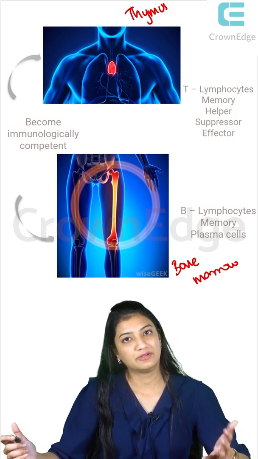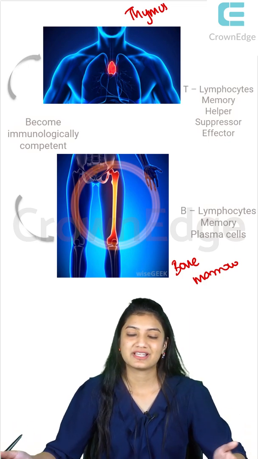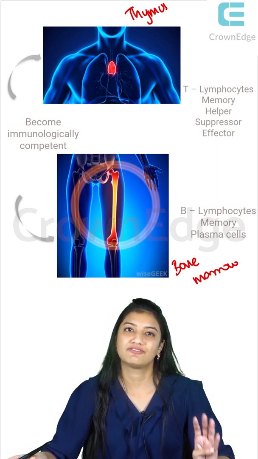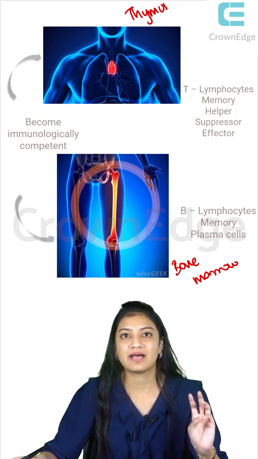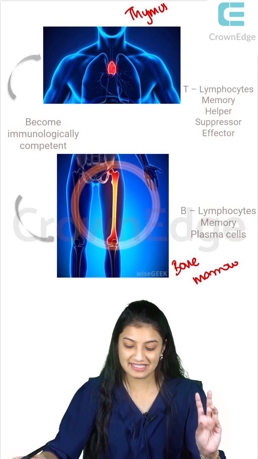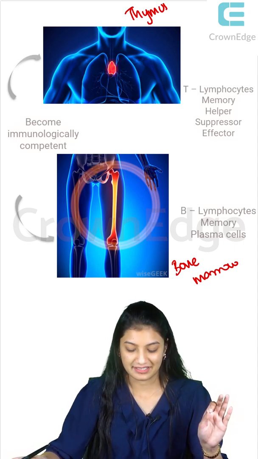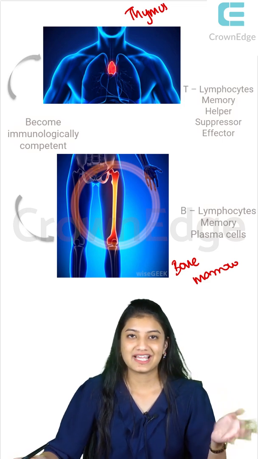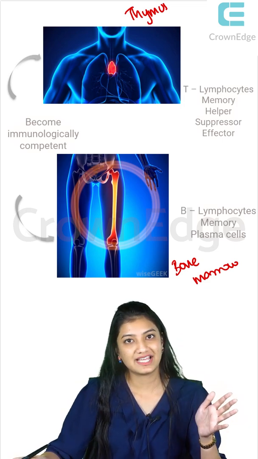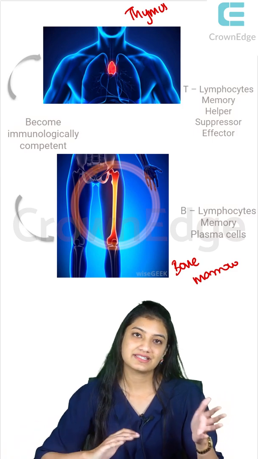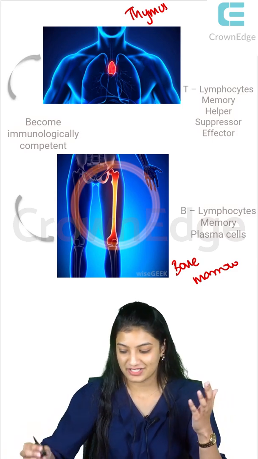Although there are many T lymphocytes and B lymphocytes, the most important four among T lymphocytes are memory T cells, helper T cells, suppressor T cells, and effector T cells. Similarly, in B lymphocytes, the two most important are the memory cells and the plasma cells. Now let us discuss the T lymphocytes.